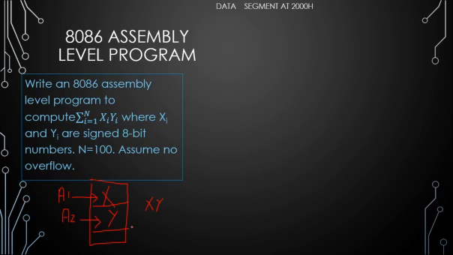So for any program, can you write it down? Write down the necessary steps. Yeah, you require a data segment part as well as a code segment part. Okay, so pause this video for a moment and try yourself whether you are able to write at least the necessary steps, the common steps, that is defining a data segment as well as a code segment.